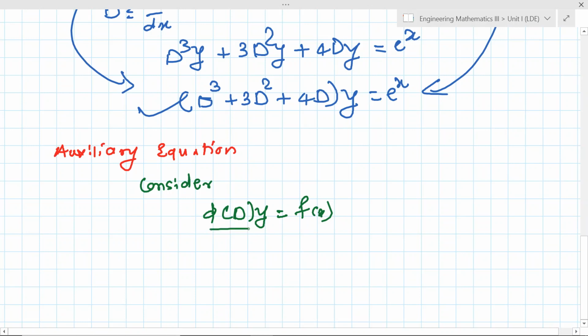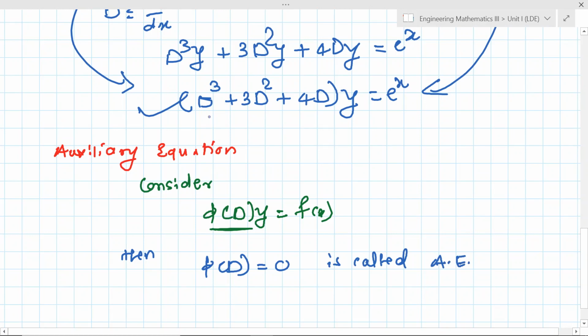Now see, phi of D is a polynomial in D. If we assign this phi of D equal to 0, then this is nothing but what is called the auxiliary equation.